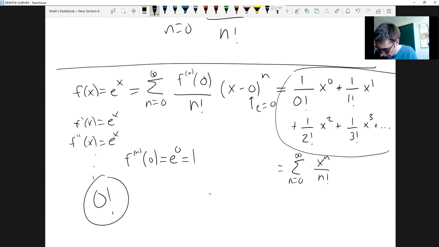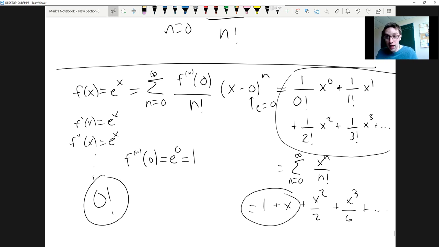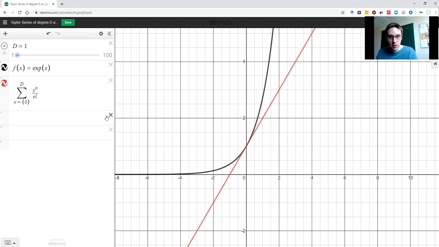I know that's a little counterintuitive, but that is actually how 0 factorial is defined. So we have just 1, plus the next term would be x, plus x squared over 2, plus x cubed over 3 factorial, which is 6, and so on. And so if I just take the terms up to n equals 1, that would be a line, 1 plus x, and we'll see from our graph that that is just the tangent line.